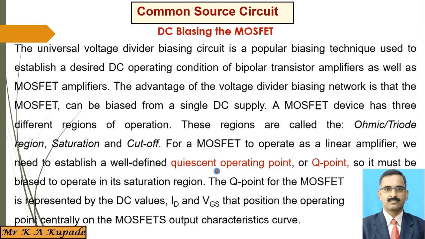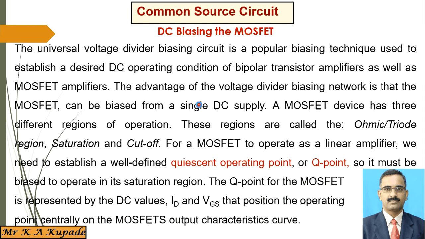The universal voltage divider biasing circuit is the popular biasing technique used to establish the desired DC operating condition for bipolar transistor as well as MOSFET amplifiers. That means whenever you consider BJTs or MOSFETs in an amplifier, you implement the voltage divider biasing technique.